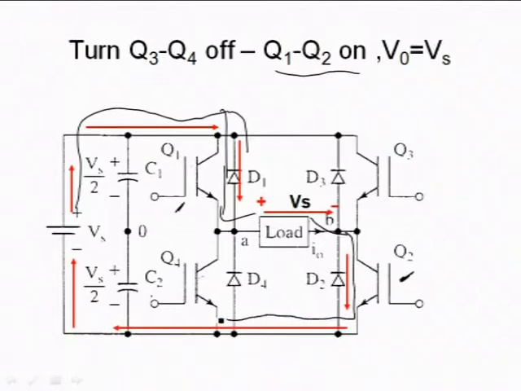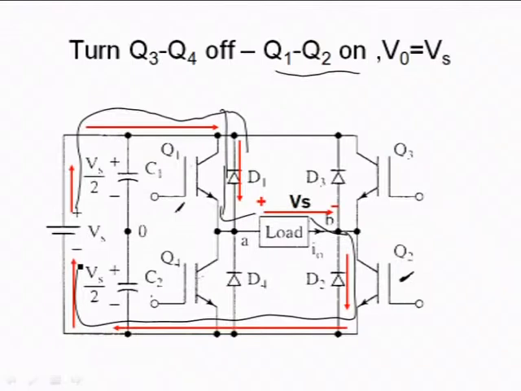So, this is the direction of flow, and the output voltage will be Vs. In the half bridge inverter, the output voltage was Vs by 2. Here it is Vs. The output voltage V naught is equal to Vs.